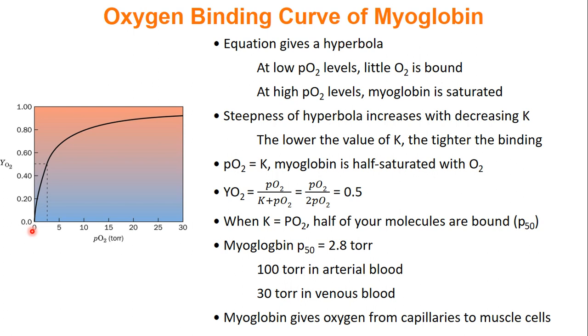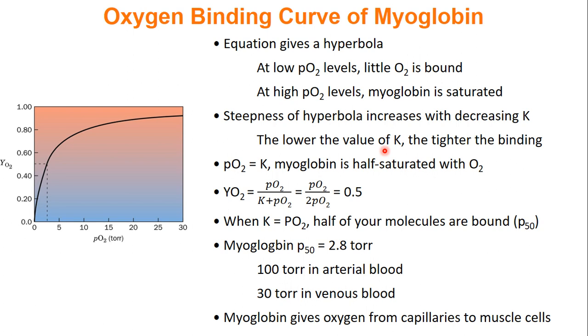Remember, fractional saturation goes from 0 to 1. And so at very low pressures of oxygen, no myoglobin has oxygen bound. At high pressures, nearly all of the myoglobin has oxygen bound. And so how steep this curve is actually increases when we decrease K. That is, the lower the value of the dissociation constant, the tighter our binding.